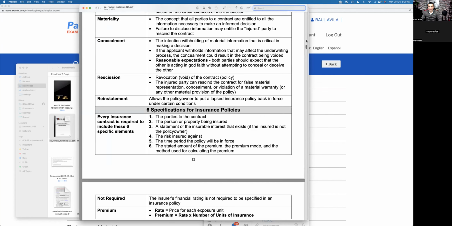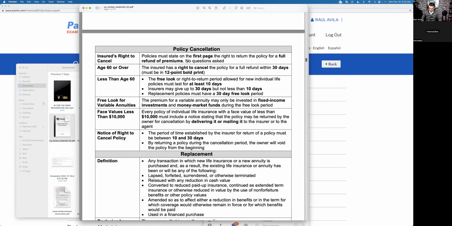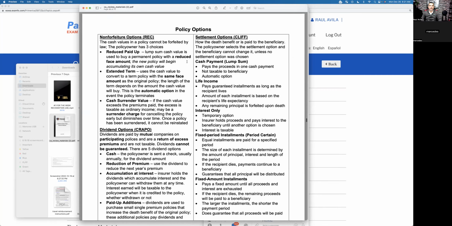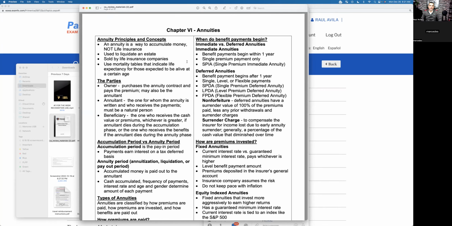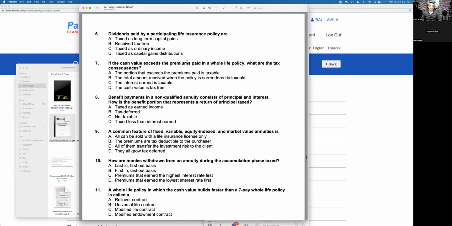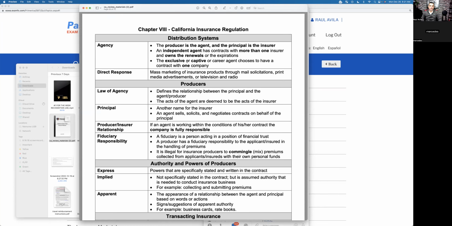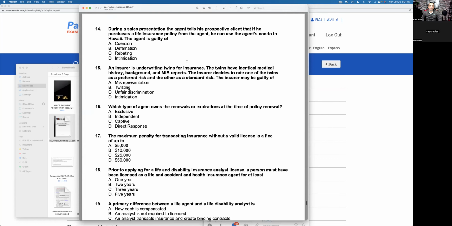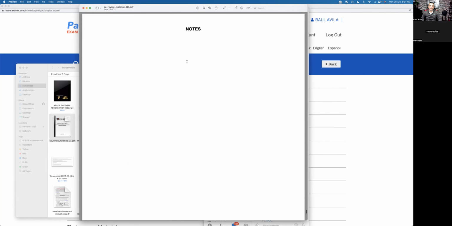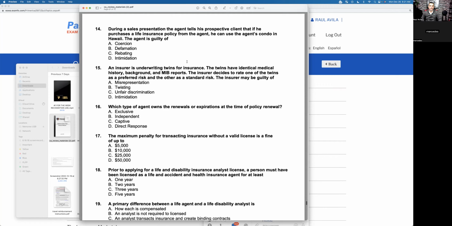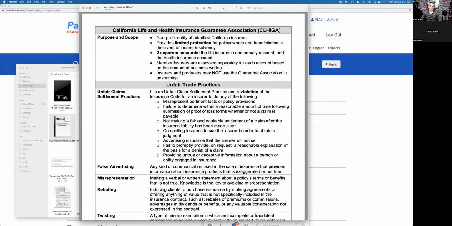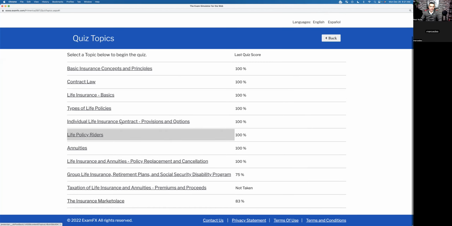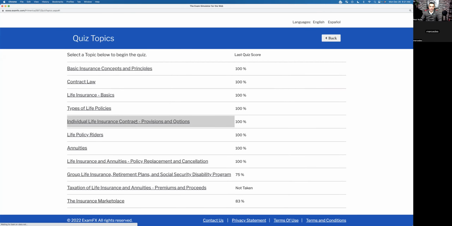Let me just scroll down manually. Oh, I got a better idea. There we go. Annuities. California insurance regulation. Oh, that's it? Oh, dang. That's okay. We're just going to go through here. The individual life insurance contract and provisions.